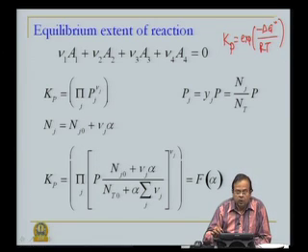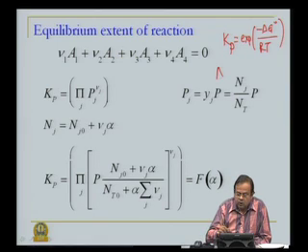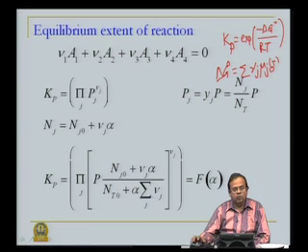This is a thermodynamic property, because all these quantities, delta G0 in particular, come from thermodynamics. Again, delta G0 is nothing but the summation of nu_j mu_j0. So, this is my thermodynamic property, and it is a function of temperature alone, because our mu_j0 are functions of temperature. My next job, having known this equilibrium constant from thermodynamics, is to calculate the equilibrium extent of reaction, and that is what we will quickly do, going step by step.